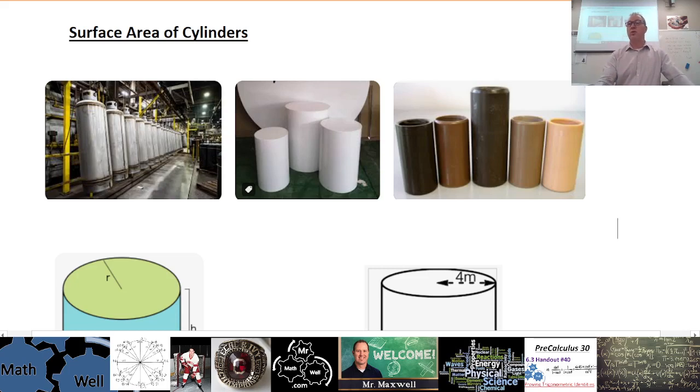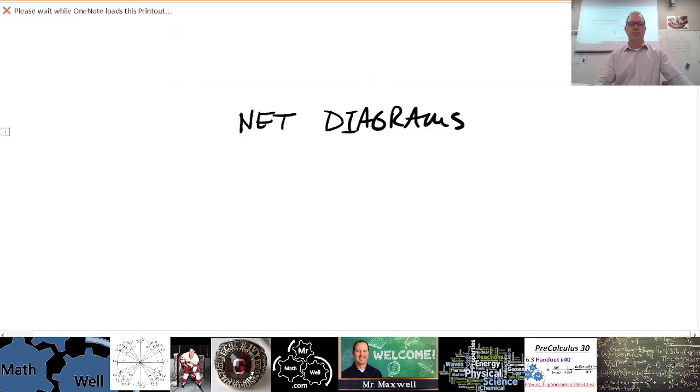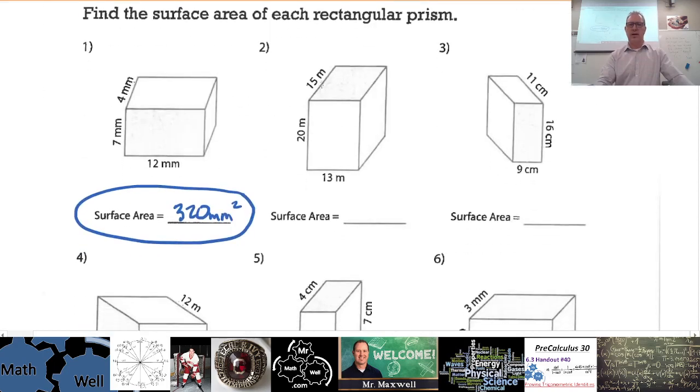Then we moved to three-dimensional figures, and we learned how to find the total surface area of three-dimensional figures like this. We have to consider all the sides, of course, and work out from these diagrams what the side lengths are. And we drew net diagrams, right?